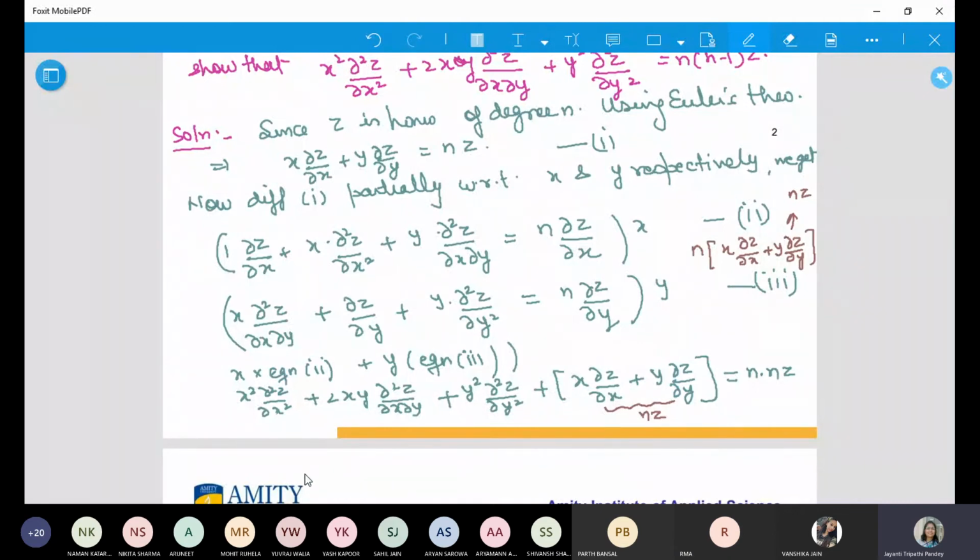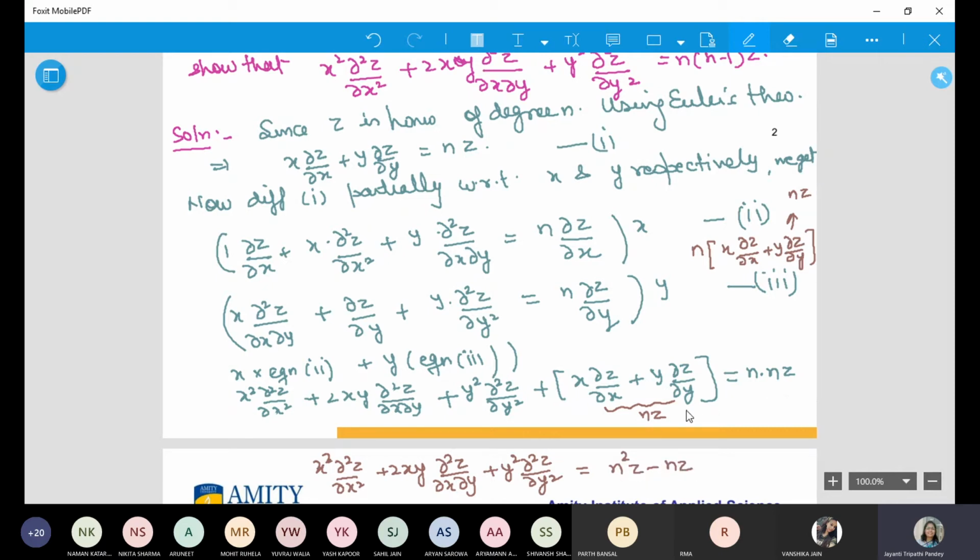So what is the output we are getting? We are getting x² ∂²z/∂x² plus 2xy ∂²z/∂x∂y plus y² ∂²z/∂y² is equal to n²z minus nz.